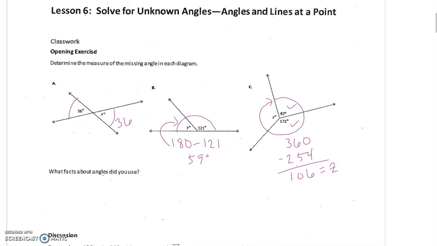Okay, so what facts did we use about our angles? Well, in part A, we talked about vertical angles. Vertical angles are equal.